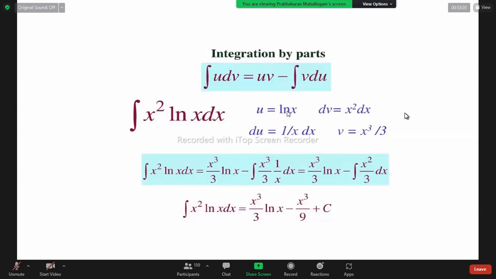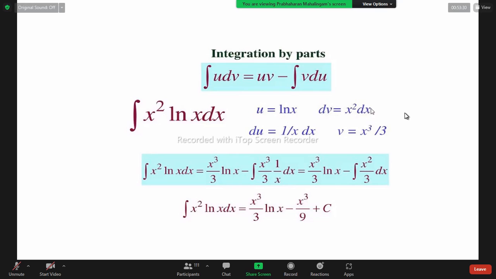I will tell you very simply after that. Once you assign u as ln x, then dv, u into dv. dv is x square dx. ln x is there. What is dv? Hello, dv over dx is x square. This x square means dv over dx.